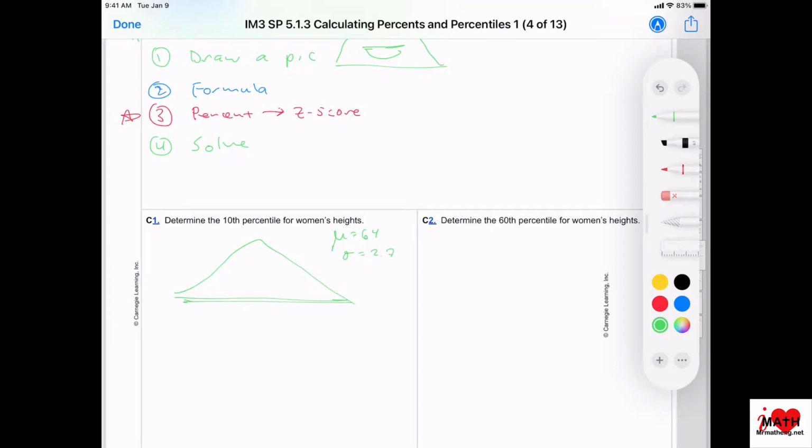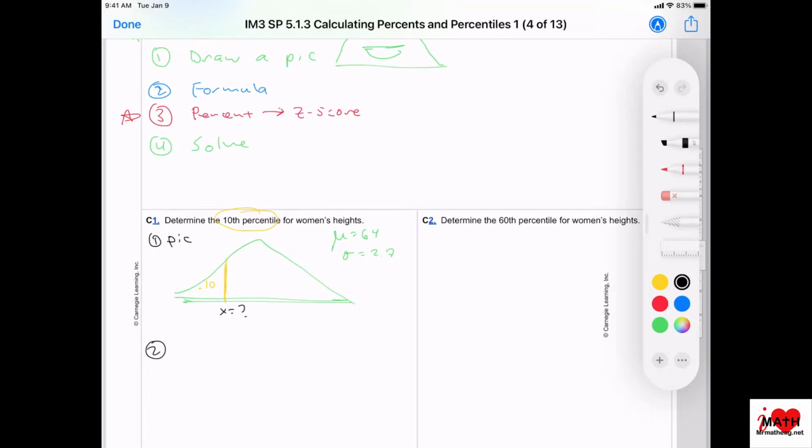Percentile is kind of in the word percent. Basically, we're trying to solve for that value right there, x. What is x? So this is my picture.